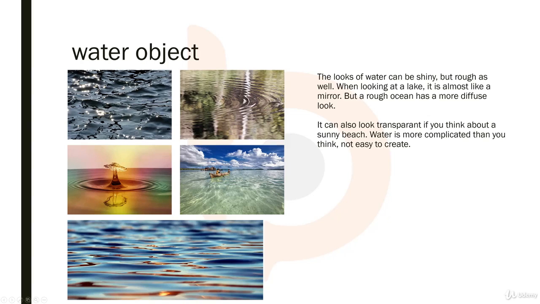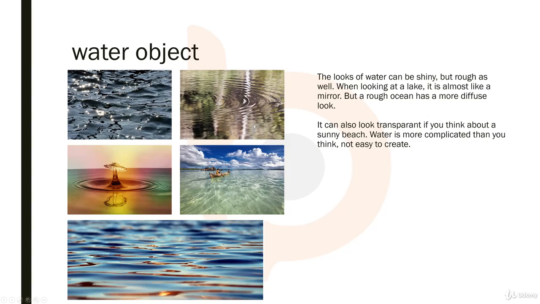But if you look at the image below, you can see it's more diffused and not really reflective, more of a diffuse reflection. And there is also the water on the beach, where you can see the guy in the boat. It looks like a transparent layer, and of course you can see the reflection, but it has a completely different look than the image above, where you can see the water ripples and more reflection.